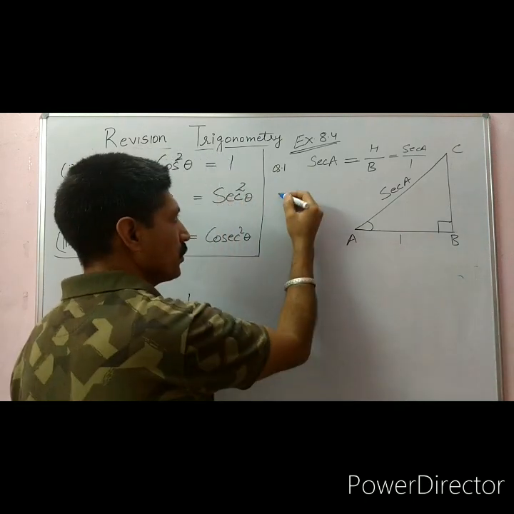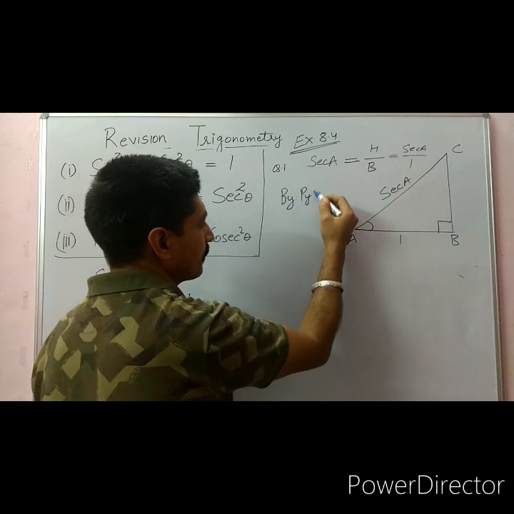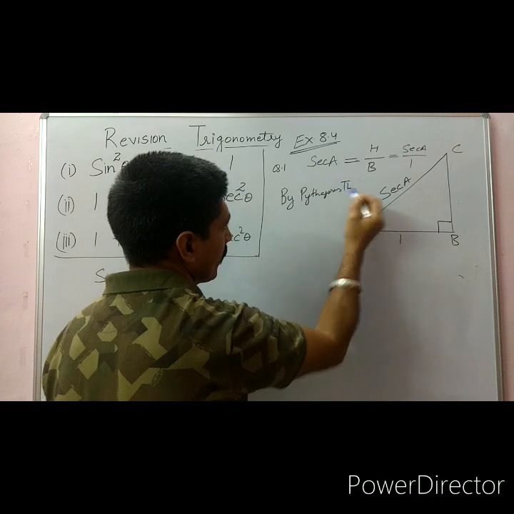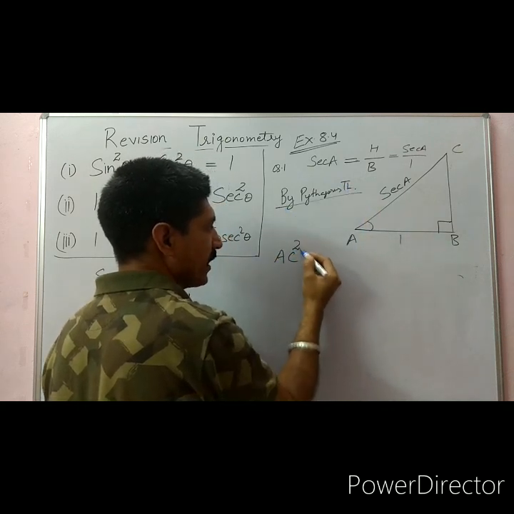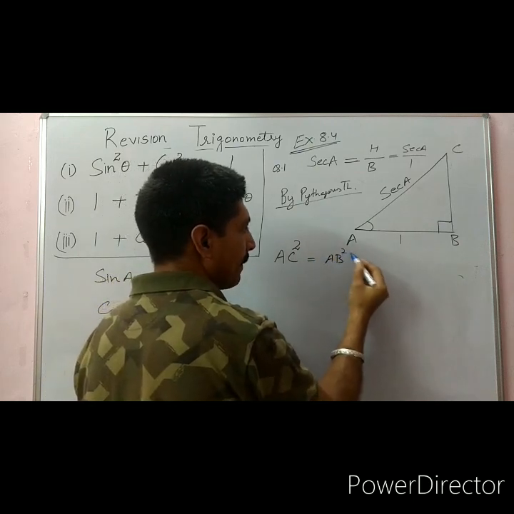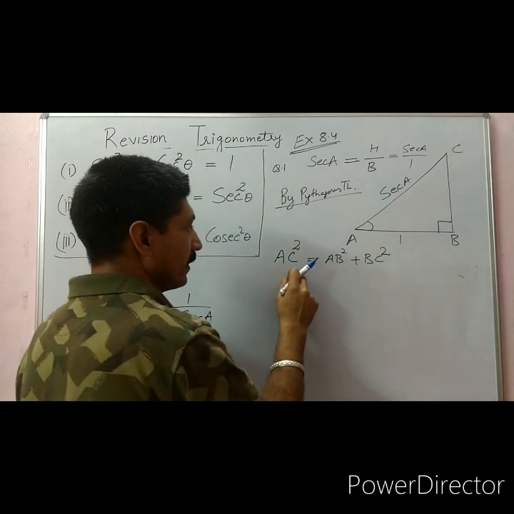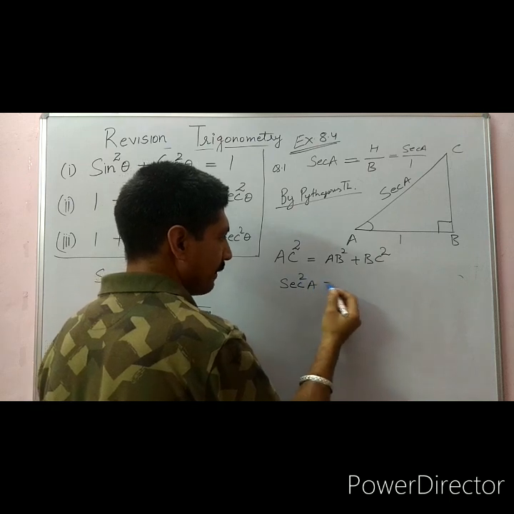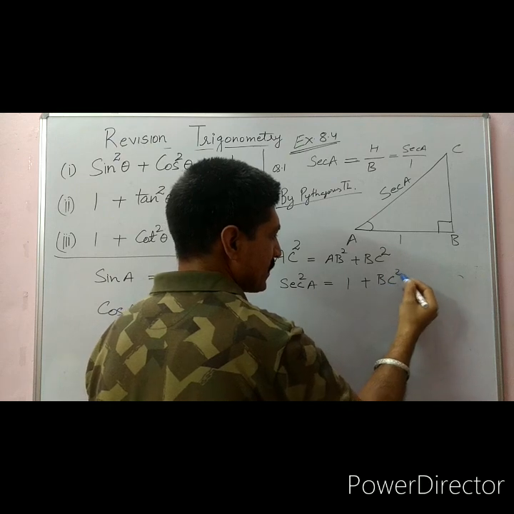Now by Pythagoras theorem, we have AC square is equal to AB square plus BC square. So here AC square is secant square of A, equal to 1 square, which is 1, plus BC square.